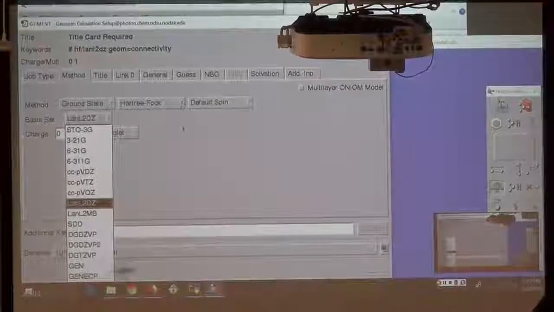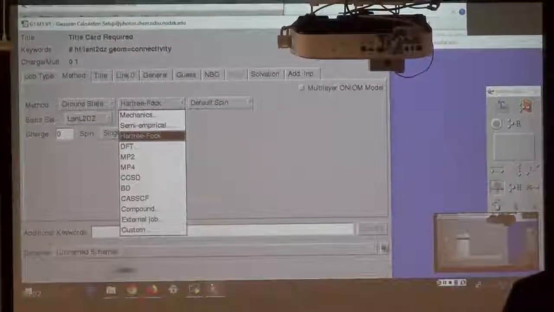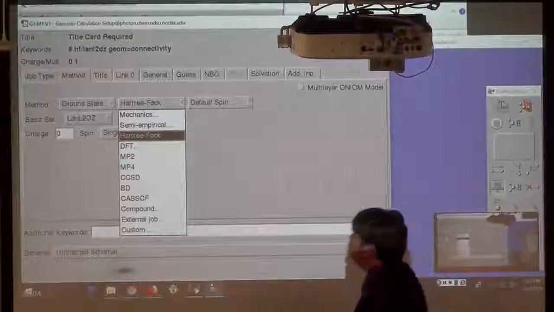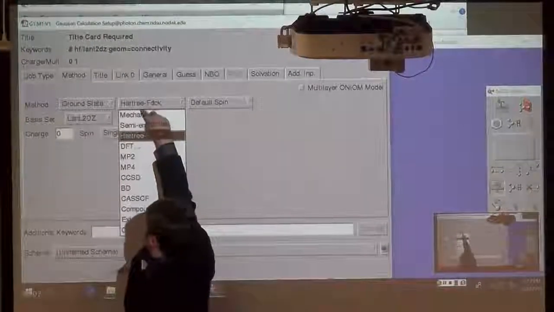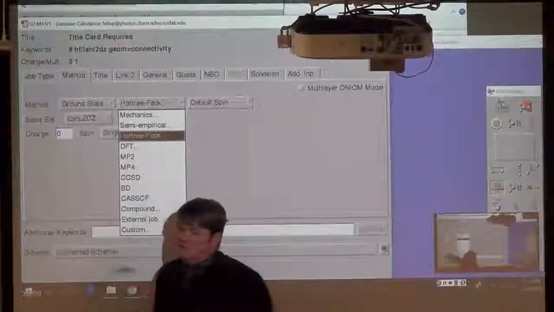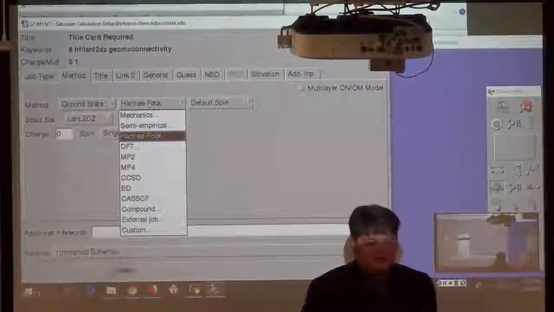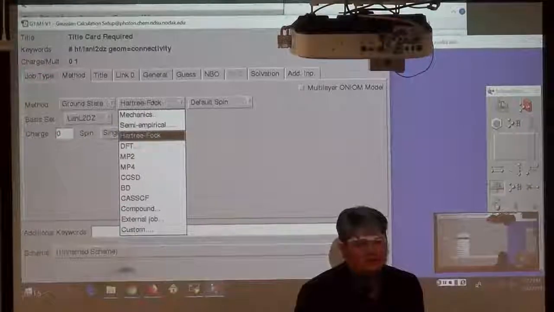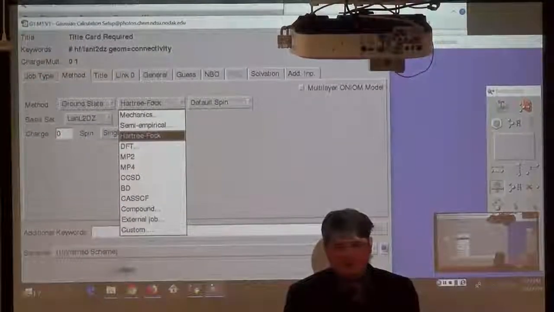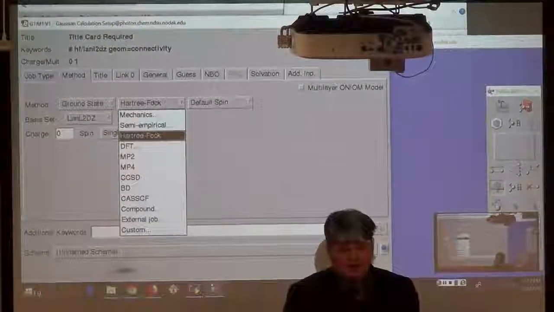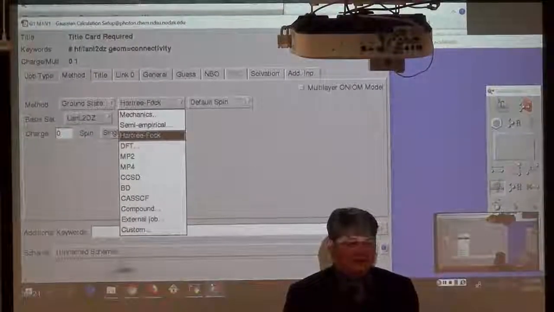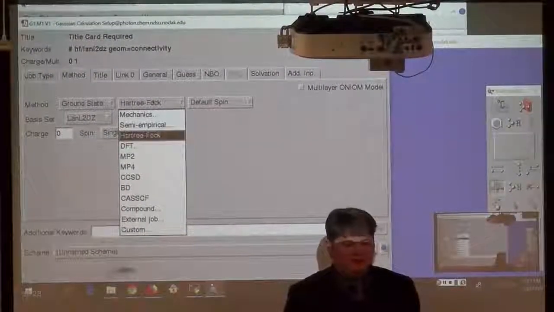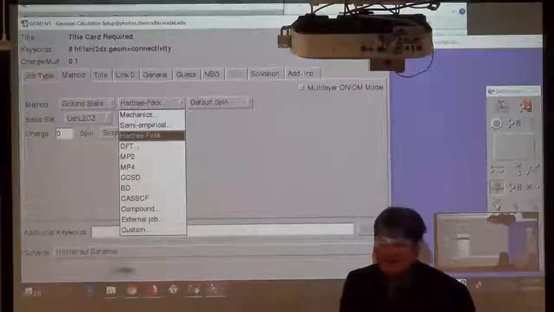So here in this menu of the method, the molecular mechanics is least useful and quickest, and it doesn't give any electronic structure. So right now we are going a little ahead of class material, but to push the button we do not need class material, right?